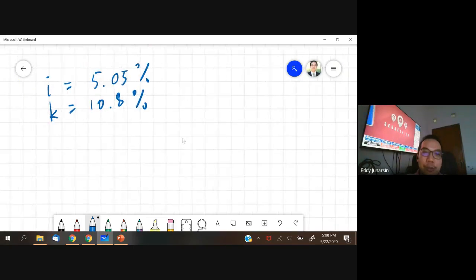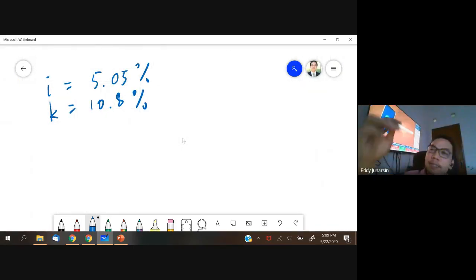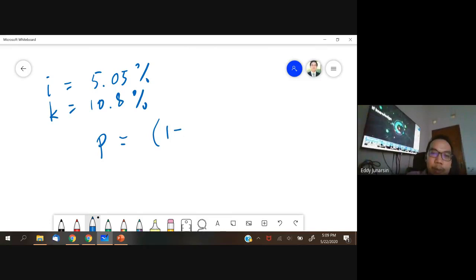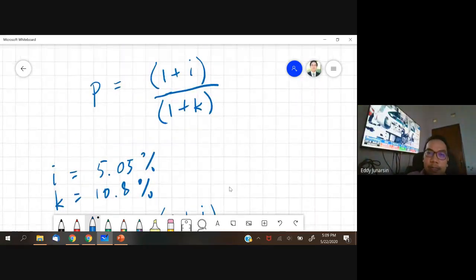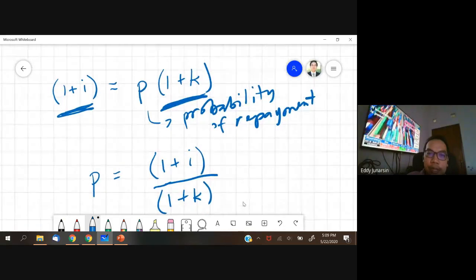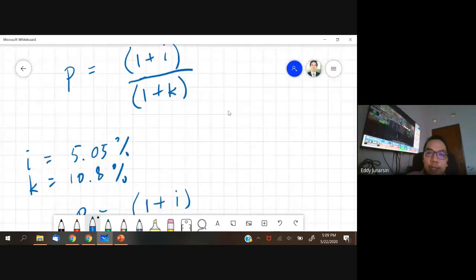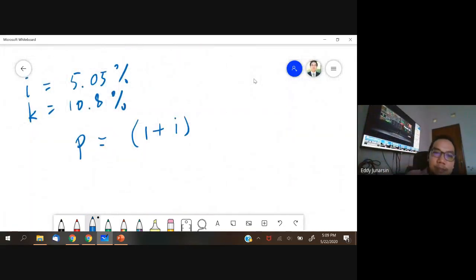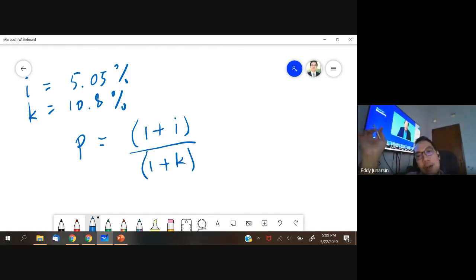So if we want to estimate the probability of repayment for 1 year, how is it again? P should equal 1 plus the government securities we see above here, right? Based on the rearrangement of the formula, divided by 1 plus the interest rate on the corporate bond.